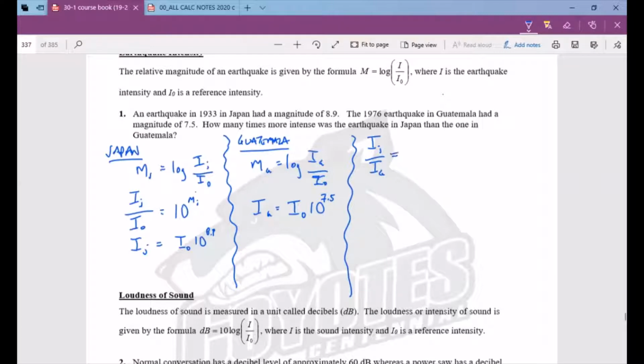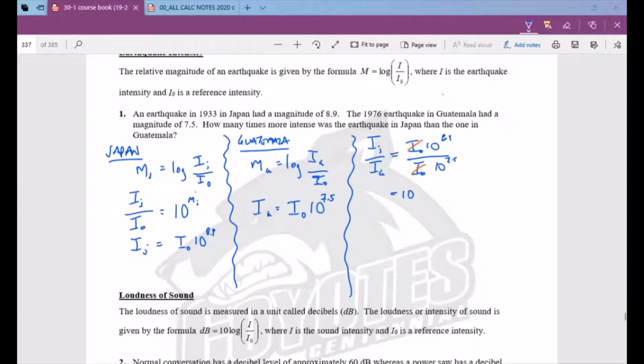Now notice what happens here. This ends up being I naught times 10 to the 8.9 over I naught times 10 to the 7.5. These factors of I naught divide out, and this ends up being equal to 10 to the 8.9 divided by 10 to the 7.5.